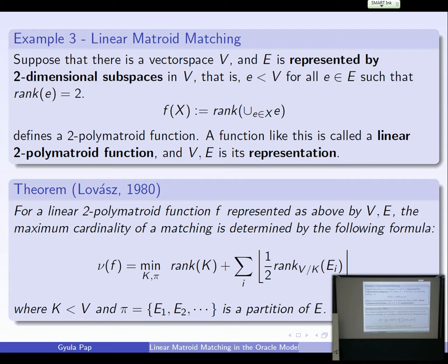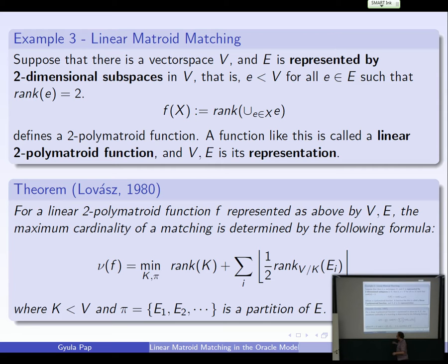And at some point, I wanted to mention that maybe there is a matroid or polymatroid that has a linear representation, but it is ugly. So we cannot do all this linear algebraic approach.